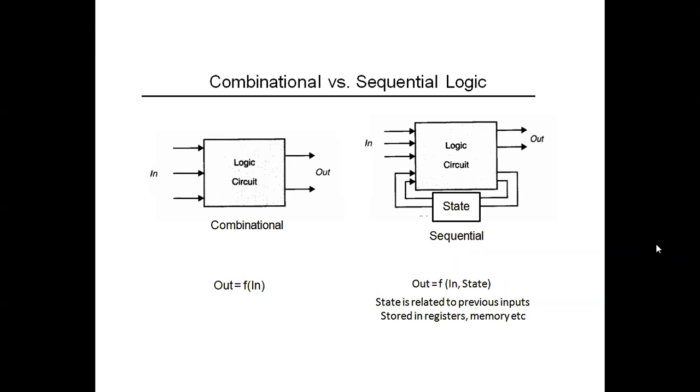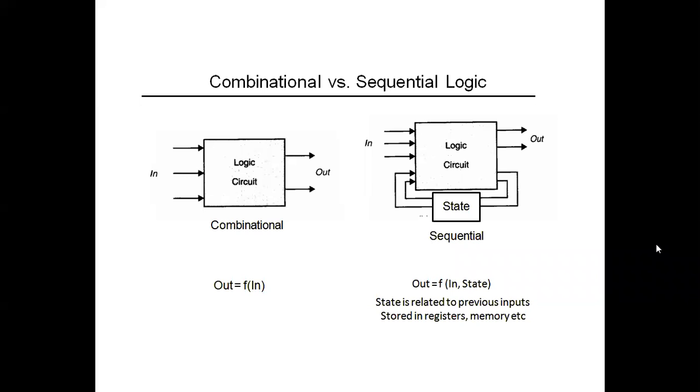Combinational logic means there is no involvement of any memory element. That means there is no feedback path, right?